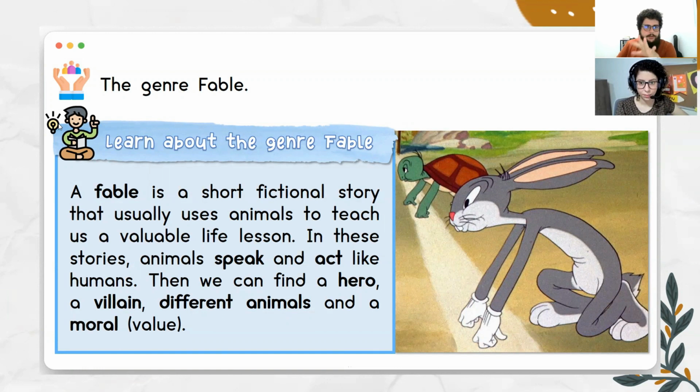Perfect. And here we have another example of an activity which was designed for this module. The idea of the module was to work with community, but also using different texts. The first text, the first genre we used, was the fable.